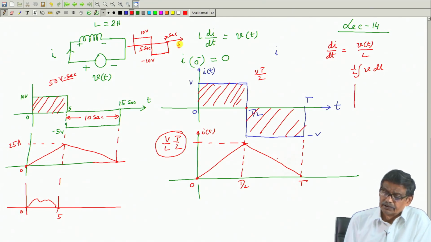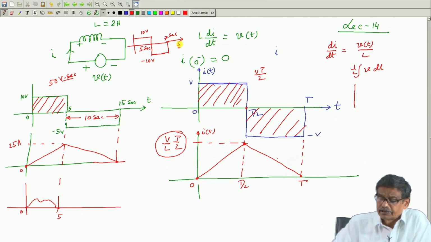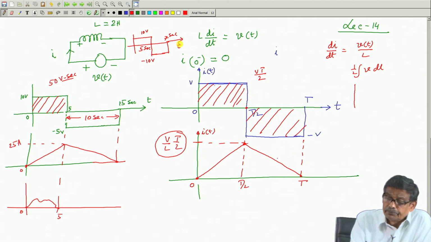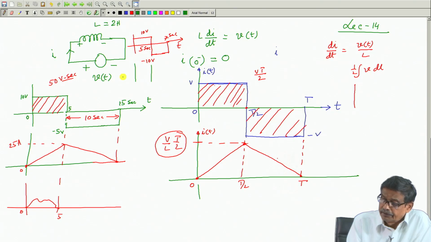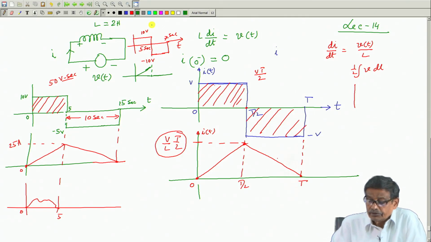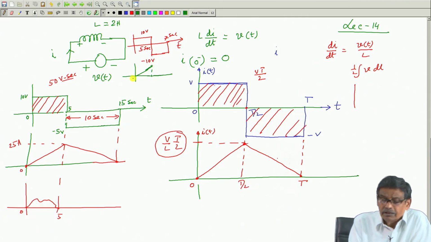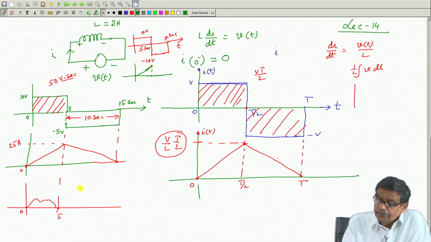I will tell physically only how much positive volt second you have applied, 50. So, it will increase current linearly up to this point, and reach some value which I can calculate. If I know L etcetera, I will be able to calculate. So, you have spent 50 volt second to establish this much current from 0 initial current, it will go like this. In the negative half, how many volt second you have applied?